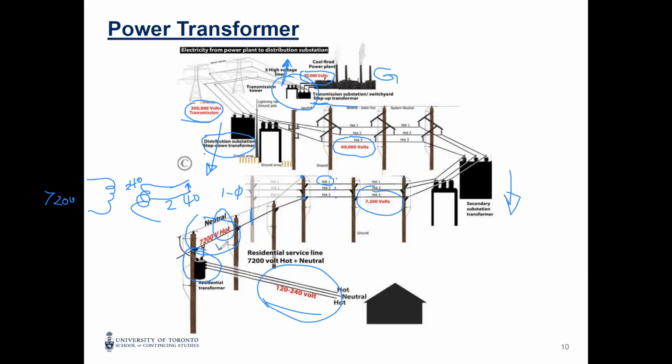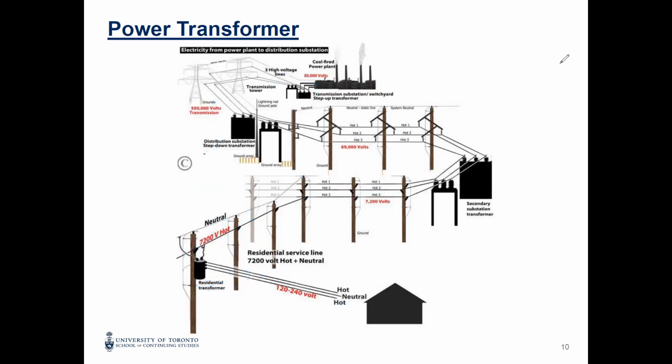This is actually the system that we have. And I believe most of you can see this transformer close to your home. Okay. So this was to show and explain the transformer.